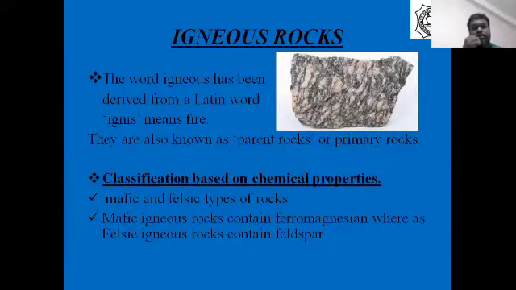Now, let us see the igneous rock. What do you mean by igneous rock? The word igneous means fire. How are these igneous rocks formed? Igneous rocks are formed by molten lavas, above the earth's surface or below the earth's surface.